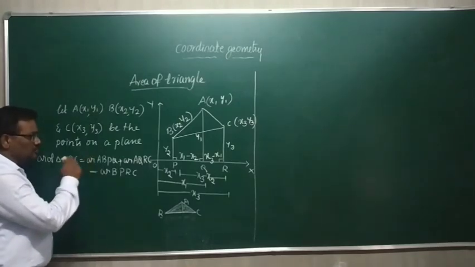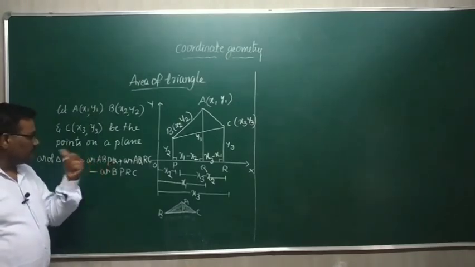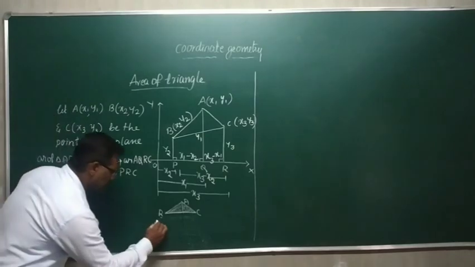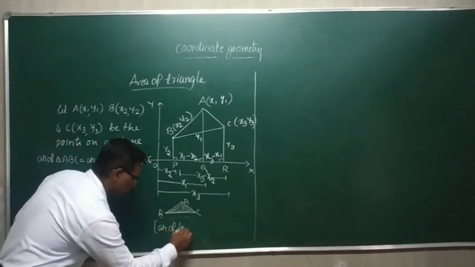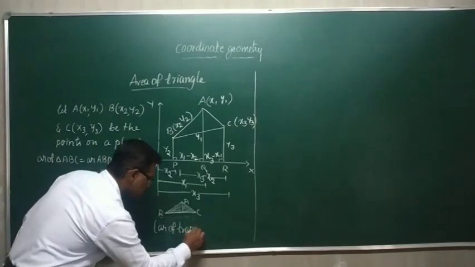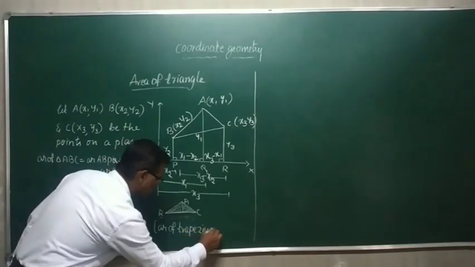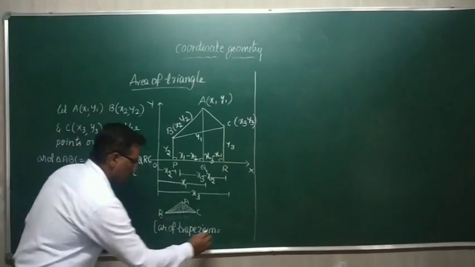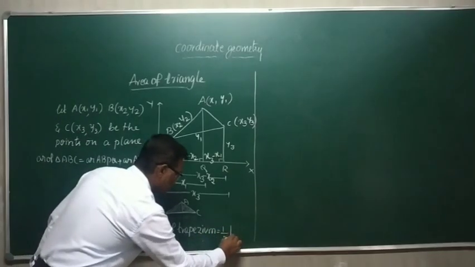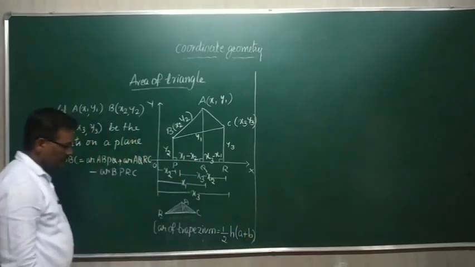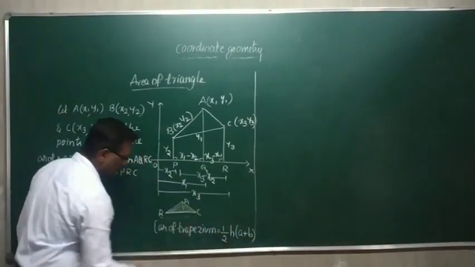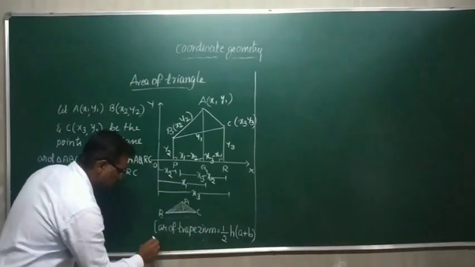So what do you know about the area of trapezium formula? Yes, I can give you here area of trapezium. Area of trapezium formula is half into h into a plus b. What is the role of h here? h means distance between parallels.